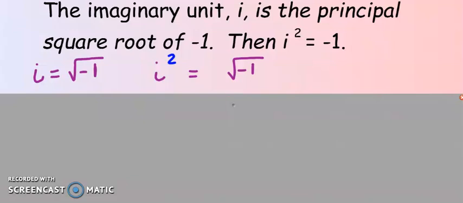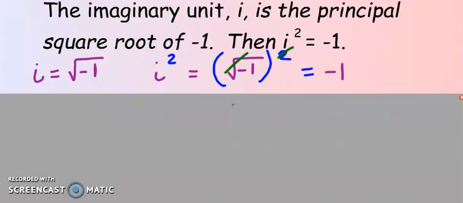Well, if i is the square root of -1, we square both sides, because whatever we do to one side, we must do to the other so that the equation stays balanced. If we square i, that means we're squaring the square root of -1. Hopefully you remember that a square and a square root are inverses of each other, so they cancel each other out. Therefore you are left with just -1.